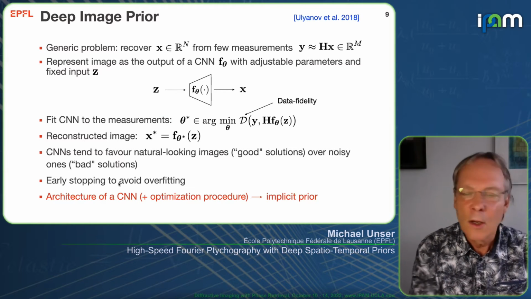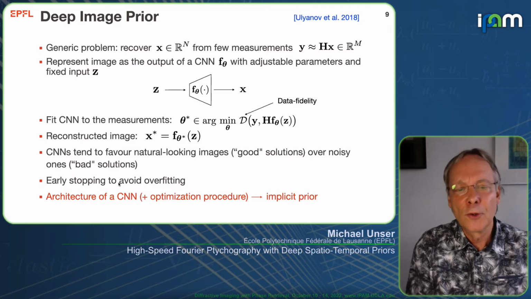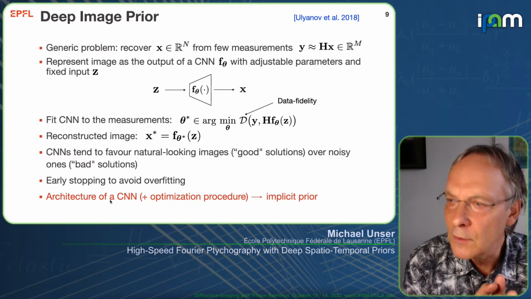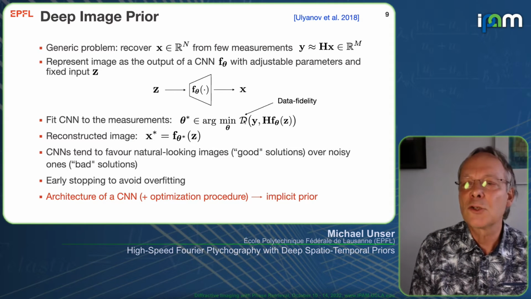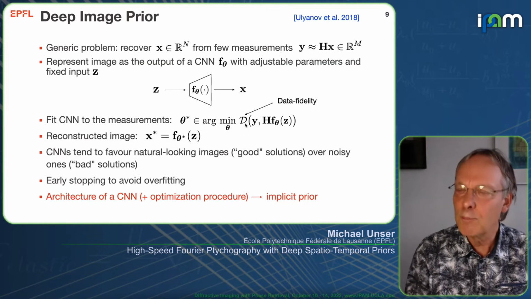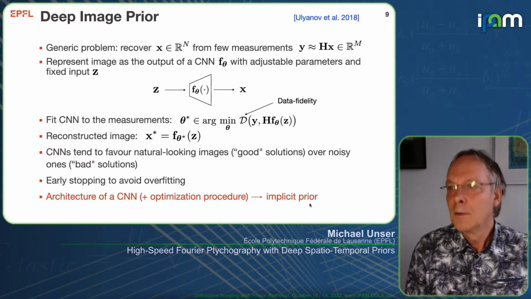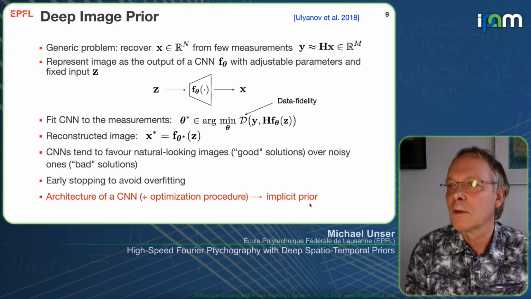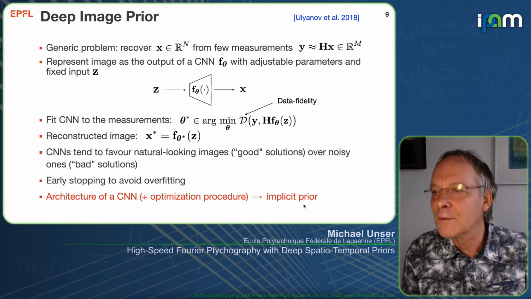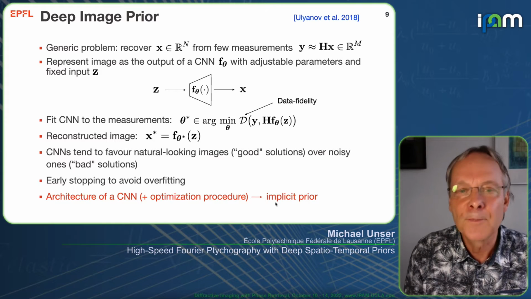There's also some know-how: you need to apply early stopping to avoid overfitting. In some sense, the trick is that the architecture of the CNN plus this optimization procedure does implicit regularization, and that's why this is called deep prior. This works amazingly well, and I must confess it's not so well understood why, but I will show you the results.